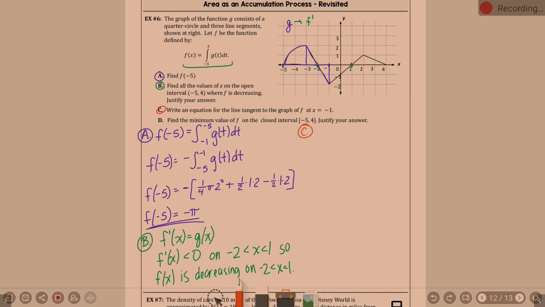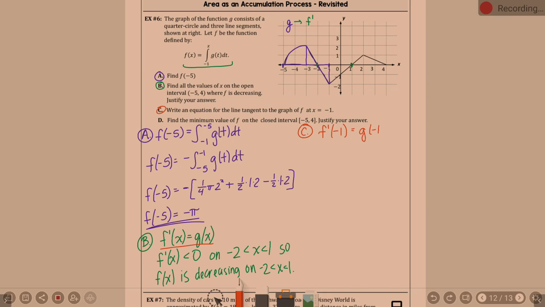Slope is the same as doing the what at that point? Derivative, yes? Remember, the derivative is the slope of the tangent line. So we need to technically find the derivative at -1 of f. What did we state in our last part that f prime is the same as? g.